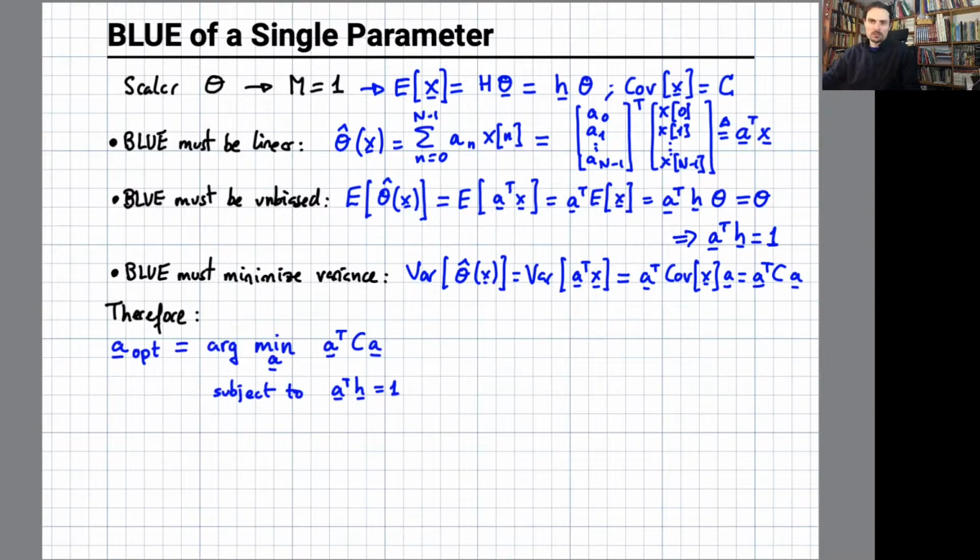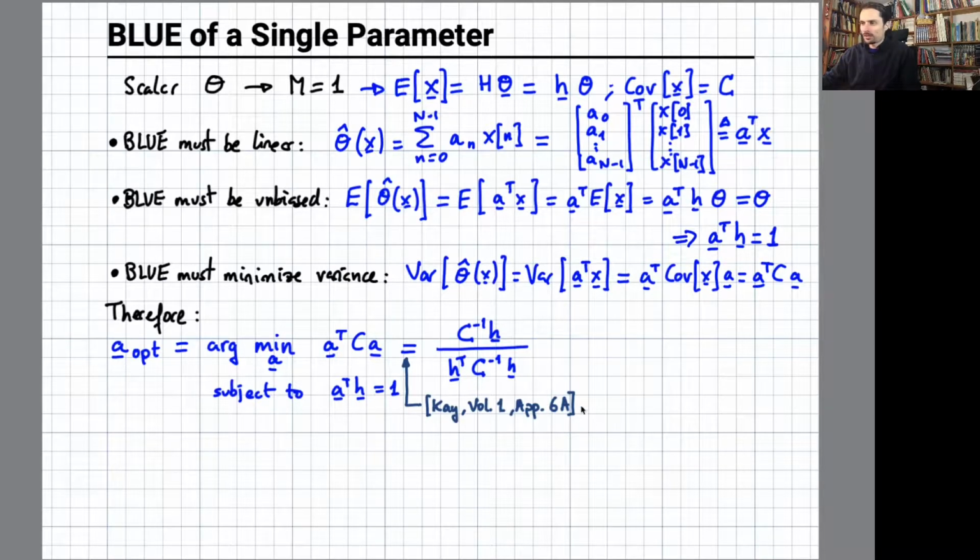Now let's put these conditions together to conclude that the optimal A, the A that we are after, is the one that minimizes the variance and satisfies that A transpose H equals 1. This is not a difficult optimization problem to solve. It just involves writing the Lagrangian, but we will skip the derivation here in the interest of time.